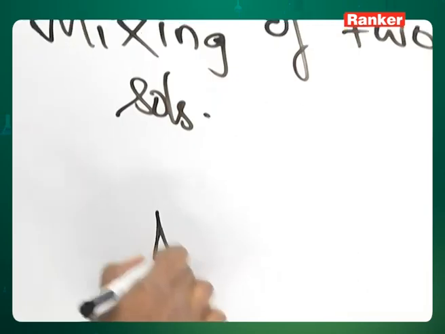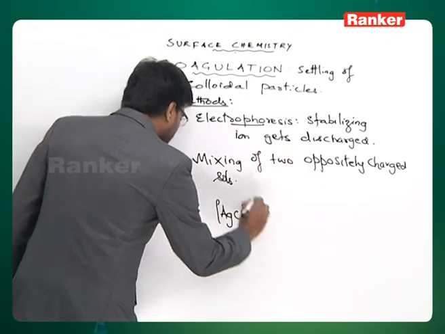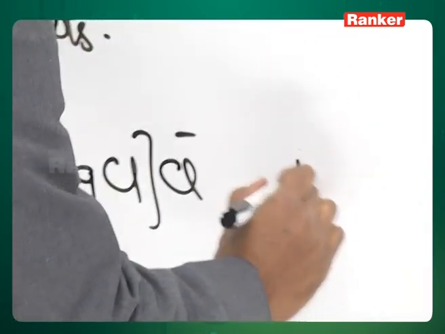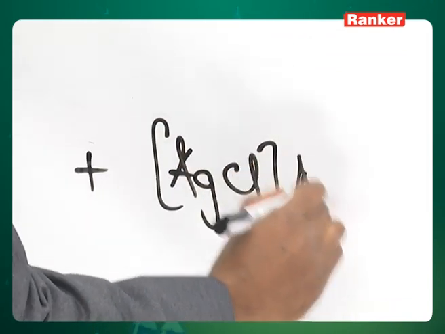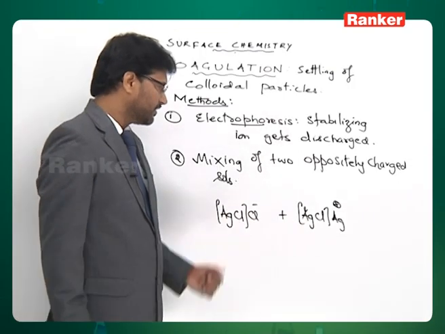Let's see. I have a colloidal solution of AgCl having Cl minus adsorbed on the particles. That means it is a negatively charged sol. I have another colloidal solution of AgCl having Ag plus as its coagulating ion.